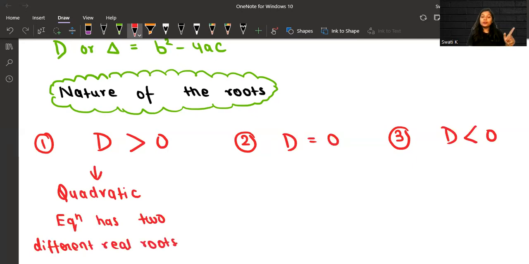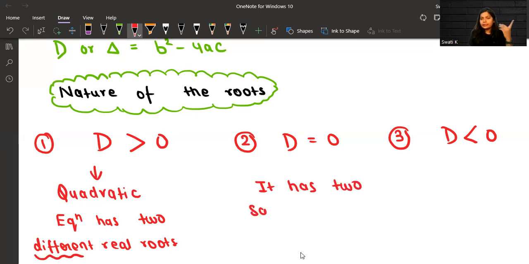Now talking about when the discriminant equals 0. In this case, we have two equal real roots, unlike when the discriminant is greater than 0. When D is greater than 0, it has two different real roots, but in this case, it has two same real roots.